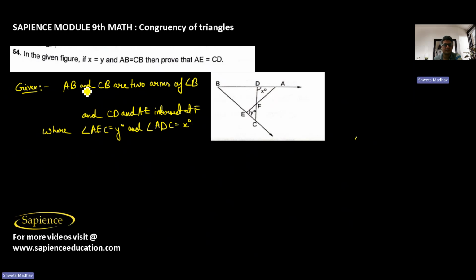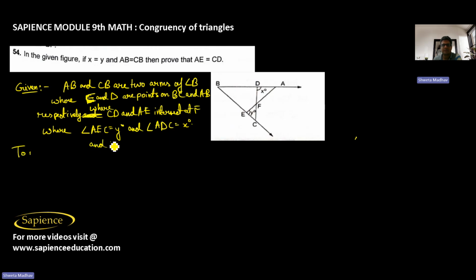here we can simply say that AB and CB are two arms of angle B, where E and D are points on BC and AB respectively, where CD and AE intersect at F, where angle AEC equals y degrees and angle ADC equals x degrees.